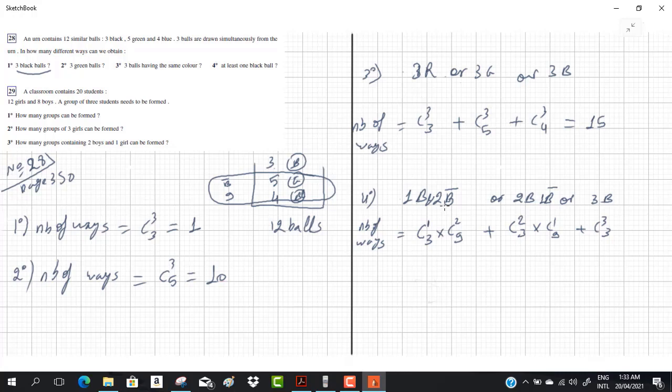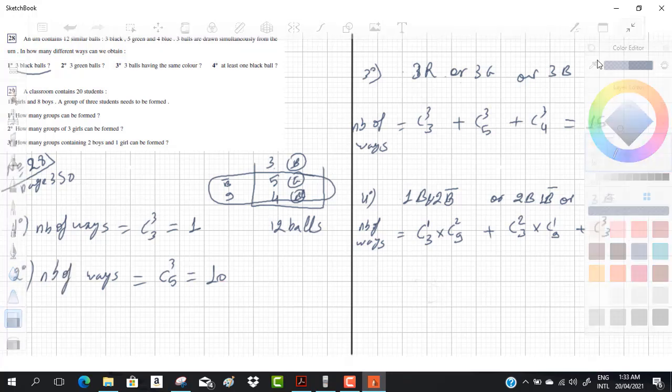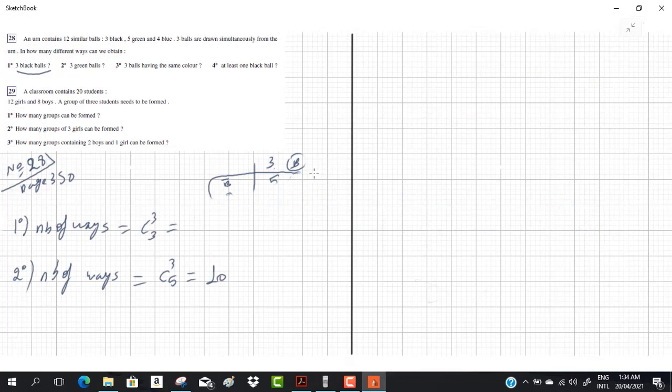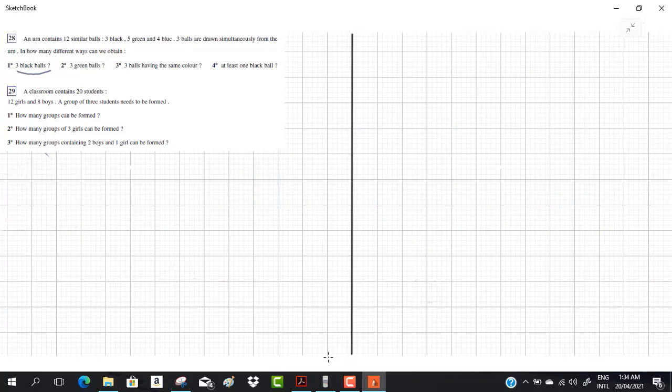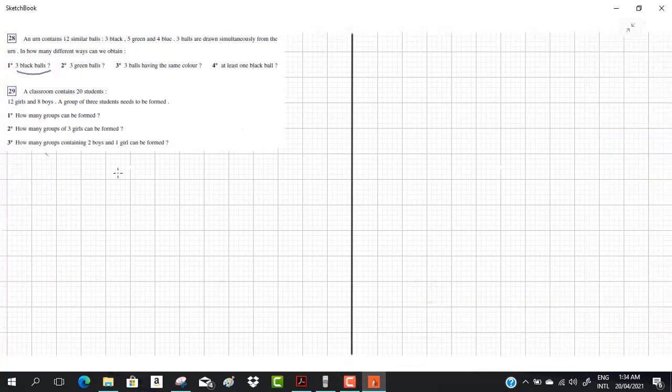Okay, now we are going to solve exercise number 29, same page.